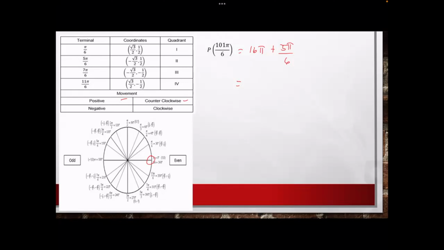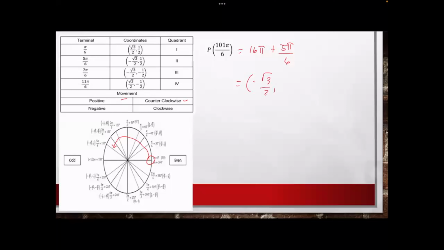Positive na counterclockwise? Ay, pataas po pala sa akin po. Pataas. So, mapupunta siya dito, sa 5 pi over 6. So, therefore, meron ka dito ng 3 over 2 and 1/2.